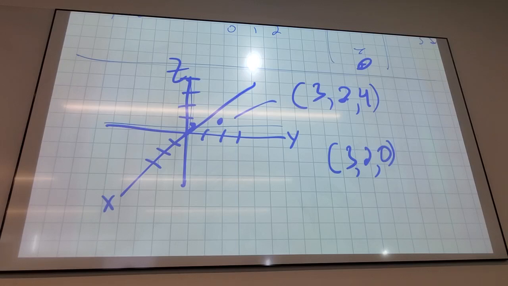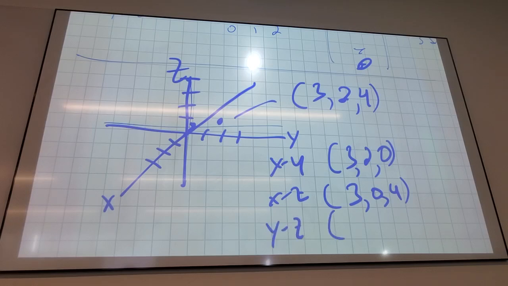All right, where would the shadow be in the xz plane? 3, 0, 4, and of course the yz plane, 0, 2, 4. Does that make sense? If I shone a flashlight straight down, because my xy is kind of like my floor there, the shadow would be at 3, 2, 0, because it would be on the floor.